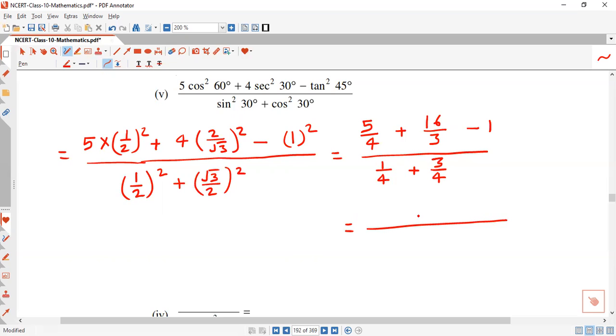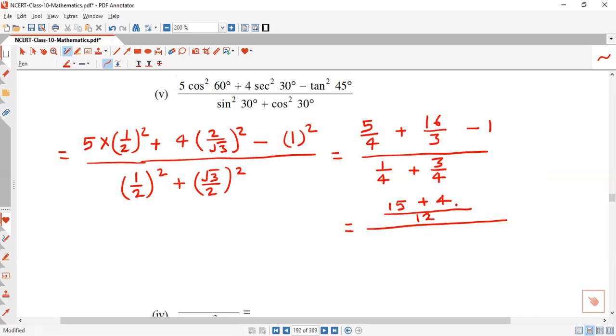Taking the 12 LCM. 4 into 3 LCM. So we take 5 by 4 into 12, 4 will cut out 3, this will come out 5 into 3, 15. Plus 16 by 3 is multiplied by 12.